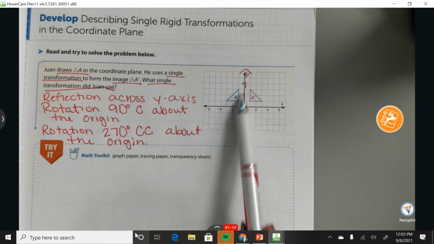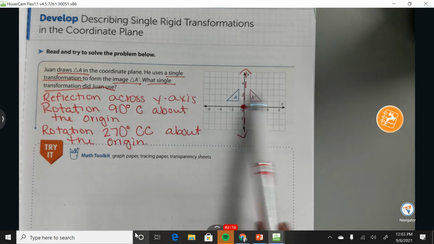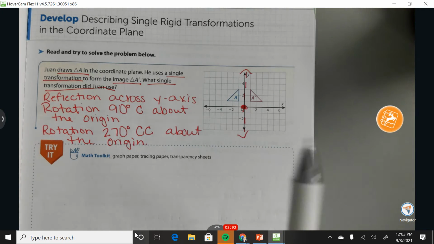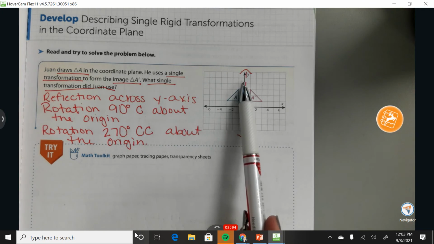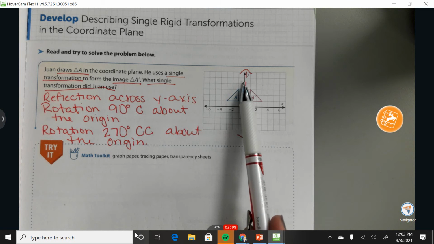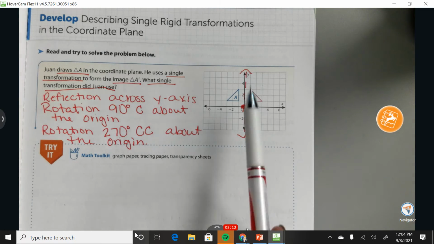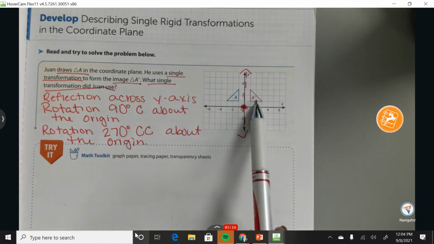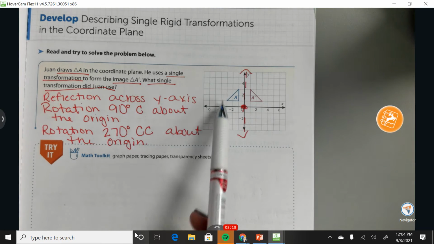They're calling this whole thing triangle A and the image of triangle A, but they're not saying which point goes with this. So if they labeled the points, it's going to give us one transformation because you're going to have to find the corresponding angles. Here, there's only one that you can tell for sure, and that's the 90-degree angle, right? The rest of them, it could be either because they're the same.